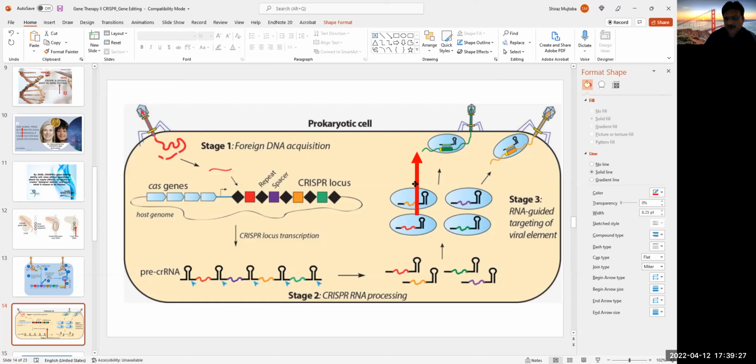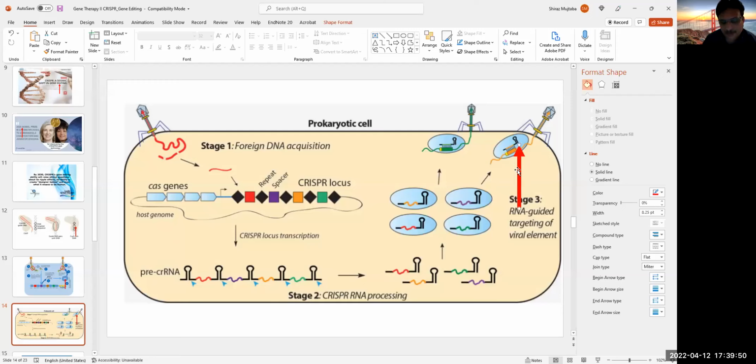If a bacteria gets infected with, let's say, green, then it will make gRNA together with Cas9, and they will destroy this. Similarly, if it is from a yellow bacteriophage, they make gRNA, and together with Cas9 protein, they can blast it off.